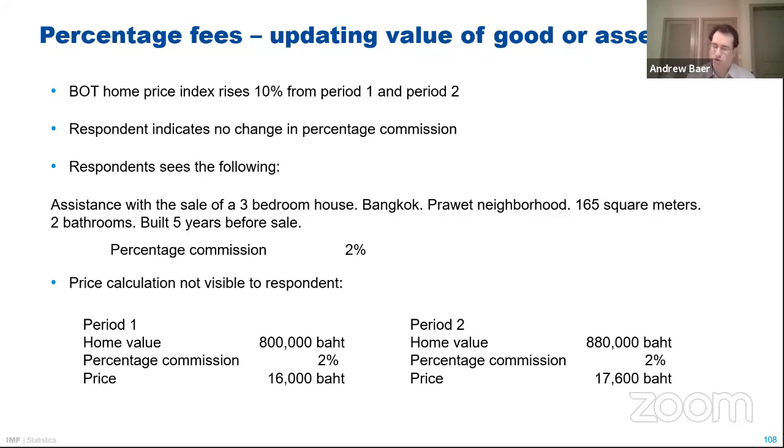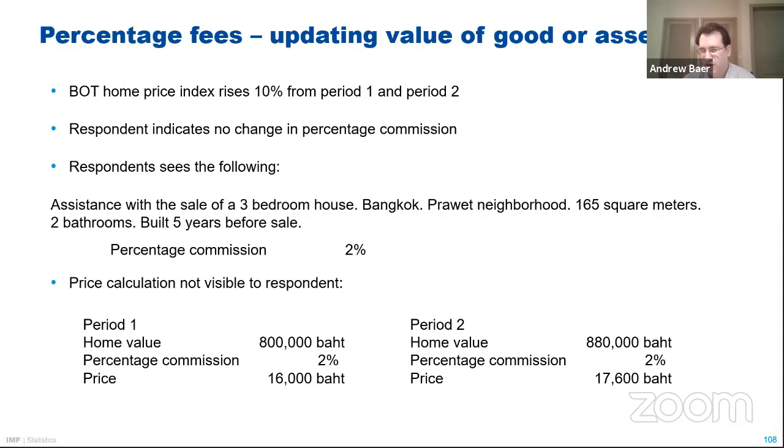However, then you could take that information and adjust it based on a home value that's adjusted with the central bank property price index. Because that increased 10%, we'll say that the home value now has increased by 10% from 800,000 to 880,000, and our price will increase.